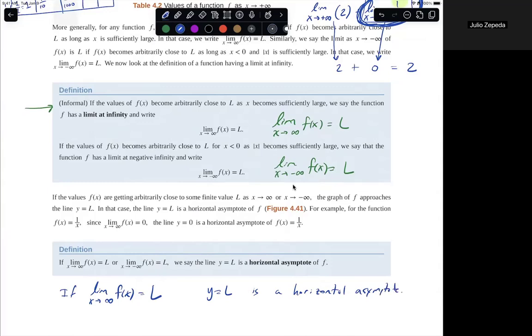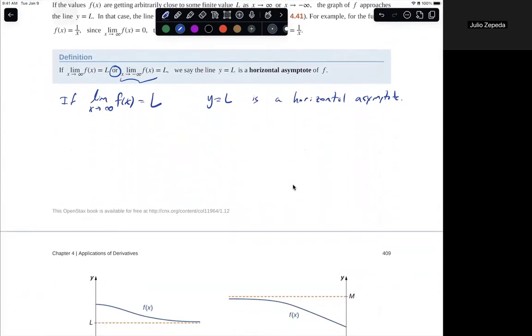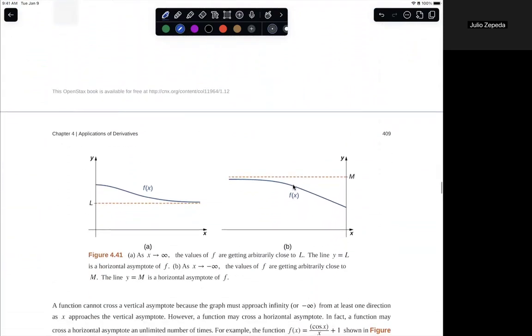If you took pre-calculus or another class where you define a horizontal asymptote, usually you just say it's the long-term behavior of the function. Here we can use the language of limits to define that. And this is also true: if f of x approaches L when x goes to negative infinity, that is also a horizontal asymptote. It is possible to have two different horizontal asymptotes. So either direction would create a horizontal asymptote.